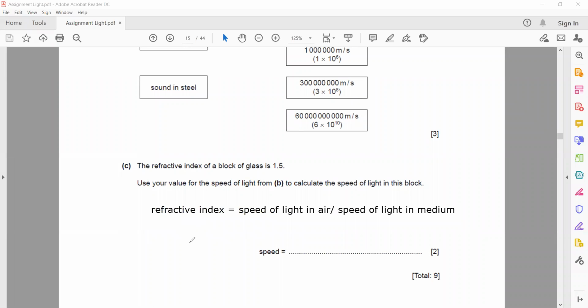Refractive index is denoted by n, the speed of light in air is 3 into 10 power 8, divided by the speed of light in the medium, v.